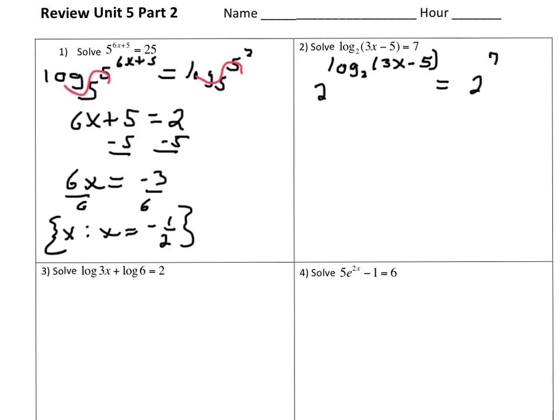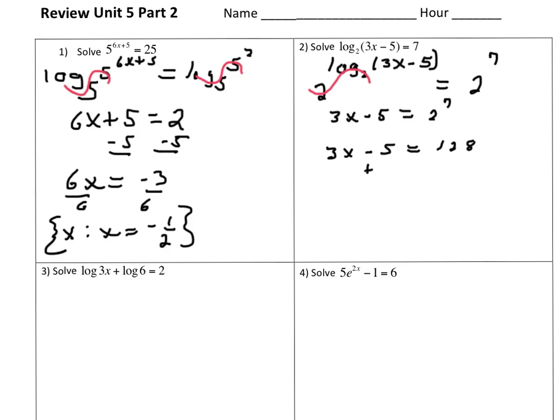Right here we notice this logs out, and that leaves me with 3x minus 5 equaling 2 to the 7th. Now 2 to the 7th is 128, so that gives me 3x minus 5 equaling 128.